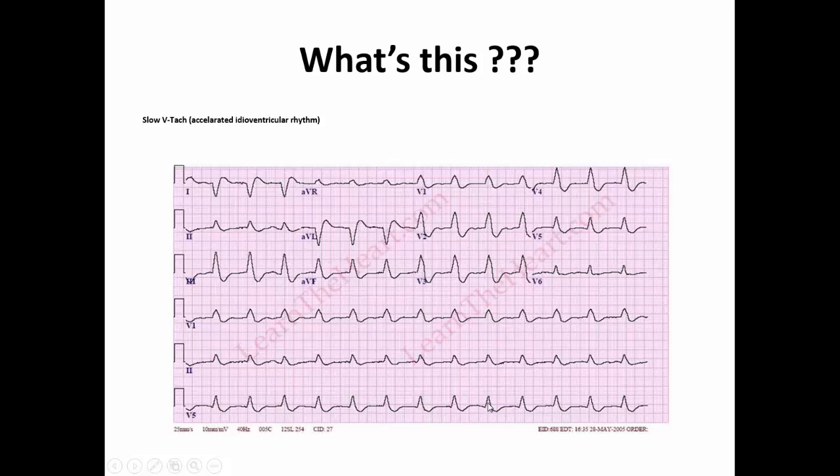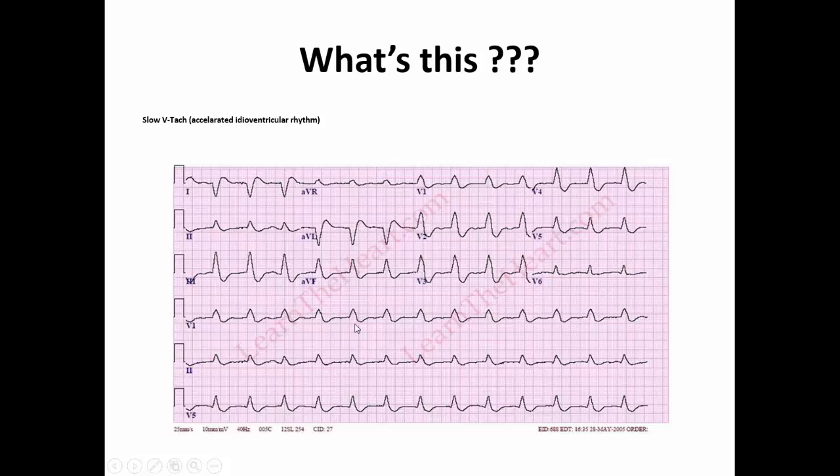And then the QRS complex is pretty wide. So wide complex rhythm, no definite P waves in front of each QRS complex. So essentially the reading is accelerated idioventricular rhythm.